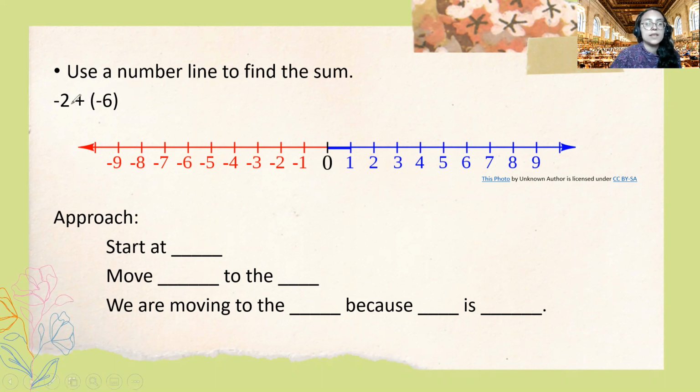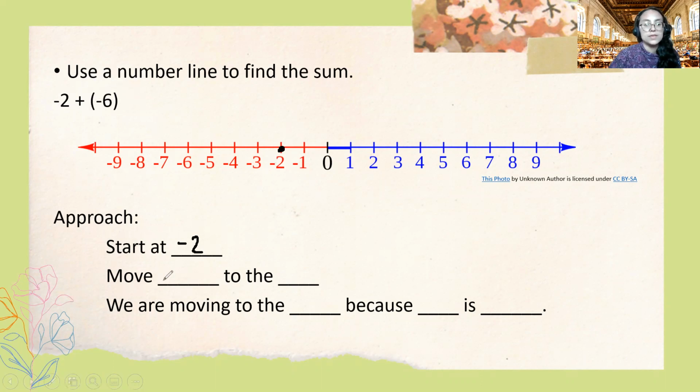We're asked to find the sum of -2 plus -6. So for our approach here, the first step is to start at -2, and it's going to be here to the left of 0 because it's negative. And we are going to move how many units? 2 or 6?